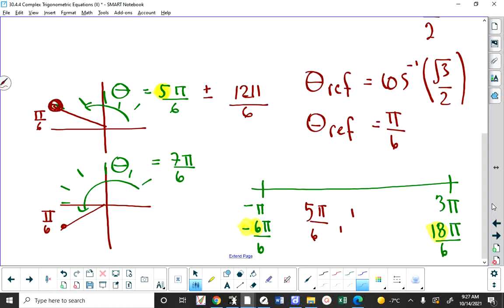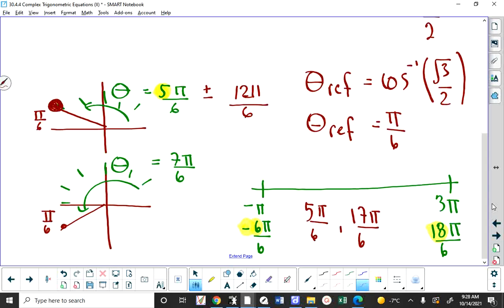I hope it's clear that if I add another 12 pi over 6, I will be way past this. I could take 5 pi over 6 and subtract 12 pi over 6. 5 minus 12 is negative 7, so negative 7 pi over 6. Nope, negative 7 pi over 6 is not in here. So maybe this is the way to explain it. This location leads to only 2 rotation angles in that domain.